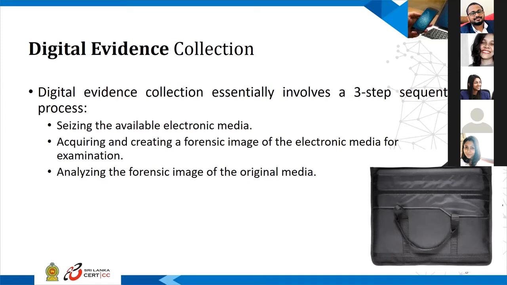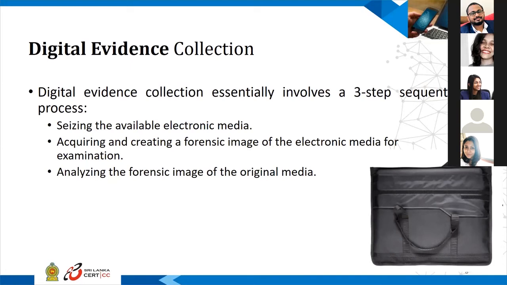The next one is acquiring the evidence. Acquisition is the process of cloning or copying the digital data evidence from whatever the device. This means that before we do any investigation, when we get the evidence, we have to make a copy of that evidence. And making the copy is not like copy and paste.